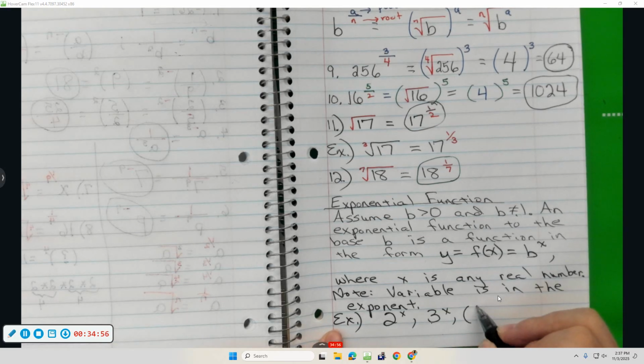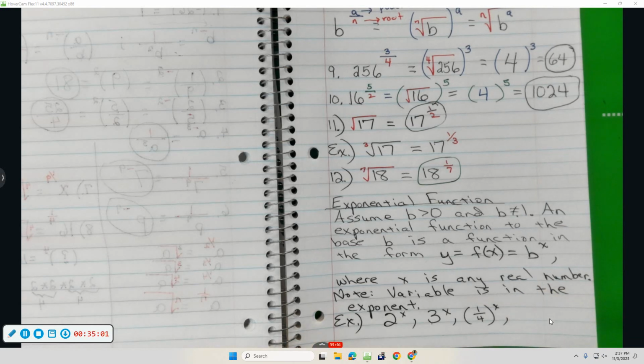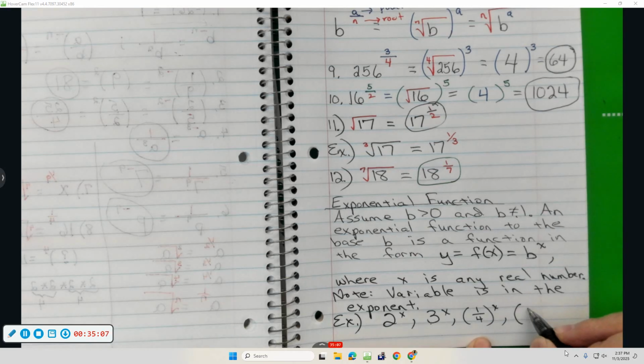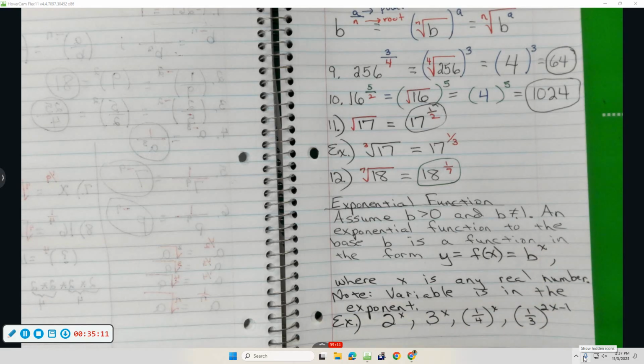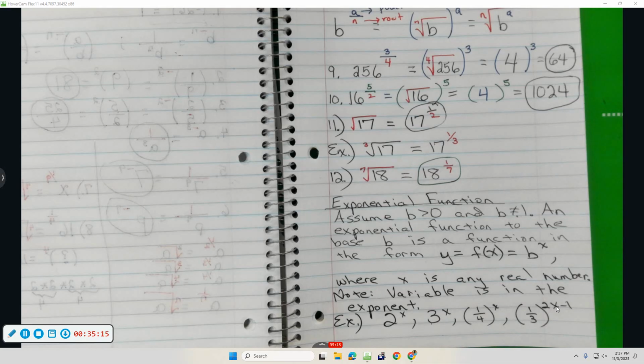But you could have a fraction like 1/4 to the x. As long as there's a variable in the exponent, you could have 1/3 to the 2x minus 1. The variable is in the exponent position. That's what I mean by exponential.